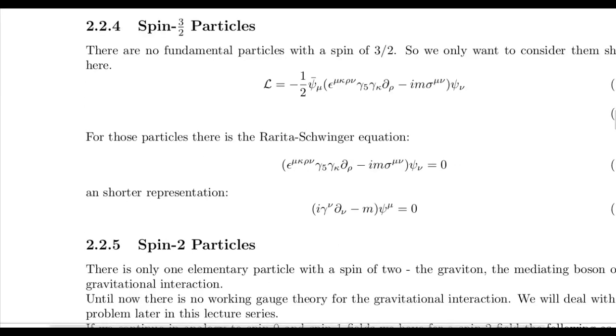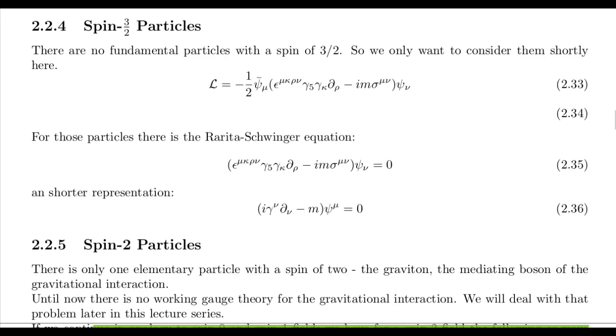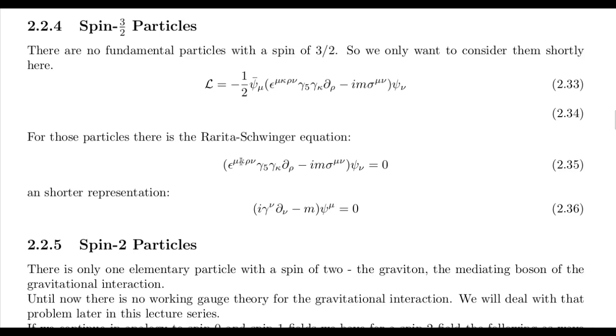Then spin 3 half particles. In nature we do not find any fundamental particles with spin 3 half. And so we only want to consider that shortly here. We have as a Lagrange function, here it is, 233. It is similar to the Lagrange density of spin a half particles.